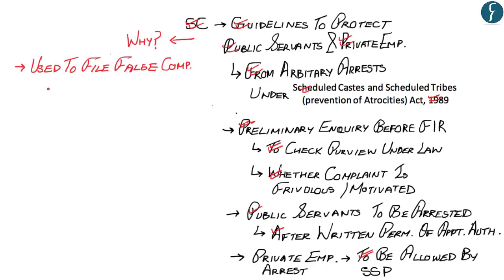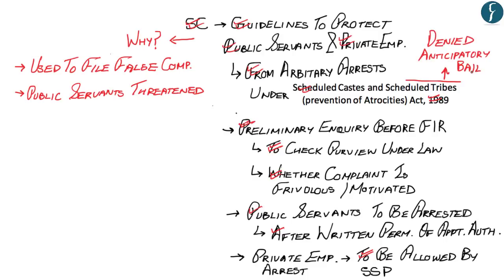And because of these false complaints, the Act is being used as an instrument of blackmail and for harassment of innocent citizens, and therefore public administration, which includes public servants, were threatened on the pretext of this Act, and found it difficult to give adverse remarks for the fear of being charged under this Act. Now the reason this Act can be used to file false complaints and to threaten public servants is because it denied anticipatory bail to the suspected offenders.